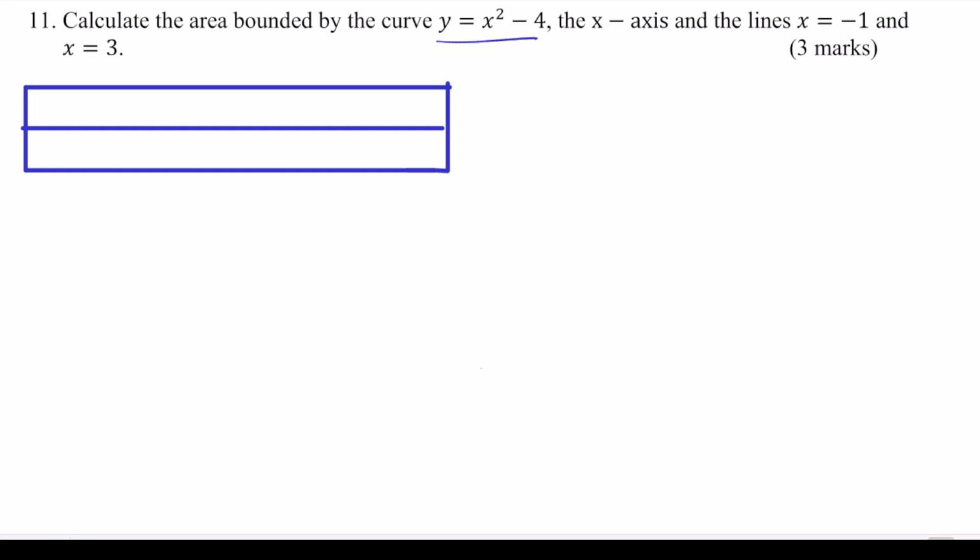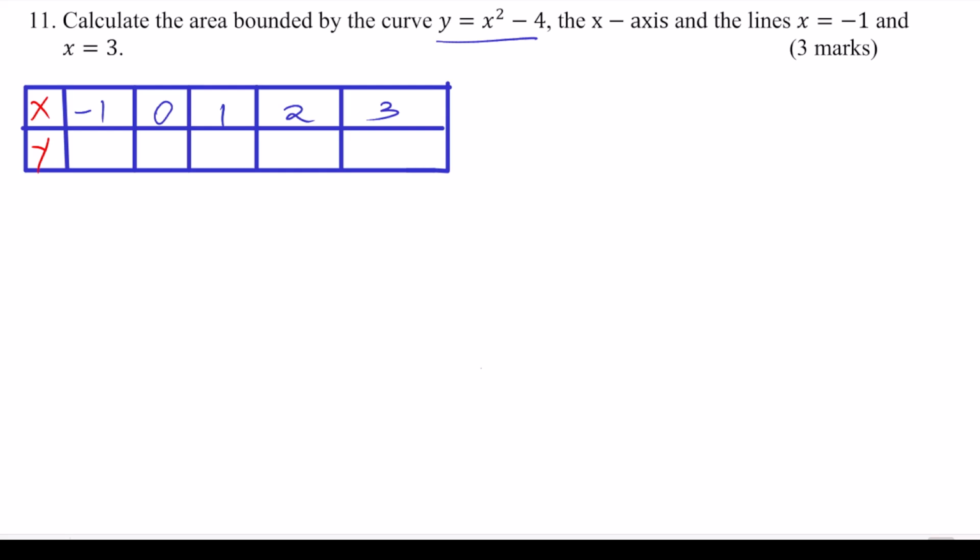So we have x and we have y. From x equals -1, 0, 1, 2, and 3.